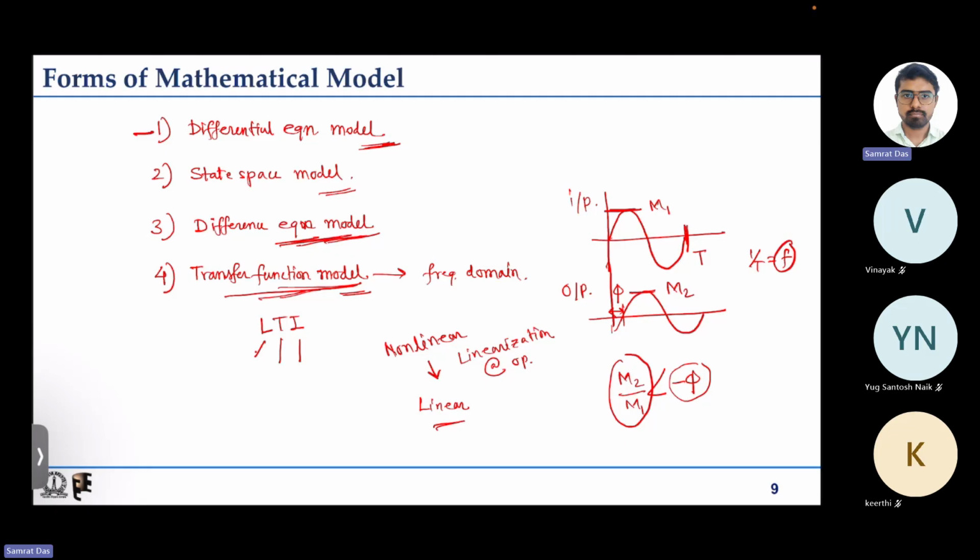So there is a systematic procedure to design controllers for nonlinear systems also, which work reasonably well.